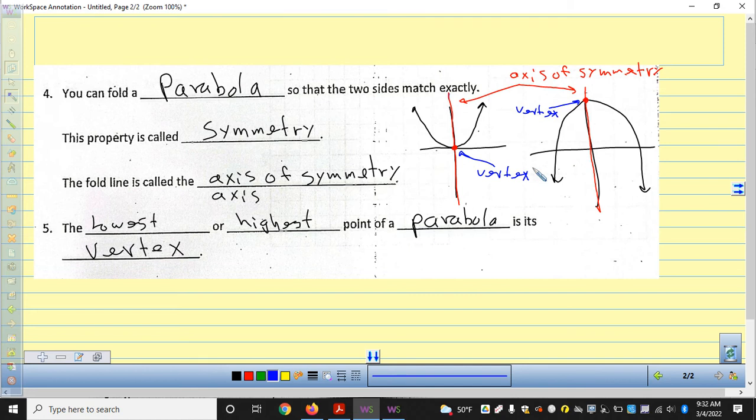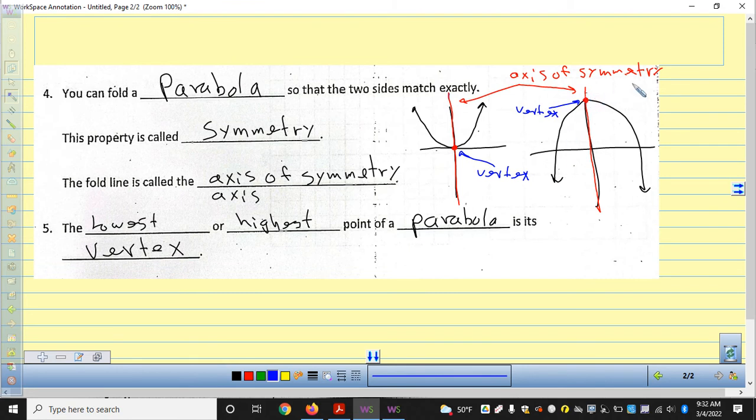Yes? Why is the lowest point of the vertex at the very bottom of the line? One more time. Why is it the lowest point of the vertex at the very bottom? So the graph is the U shape. The lowest point here is the vertex, or the highest point.